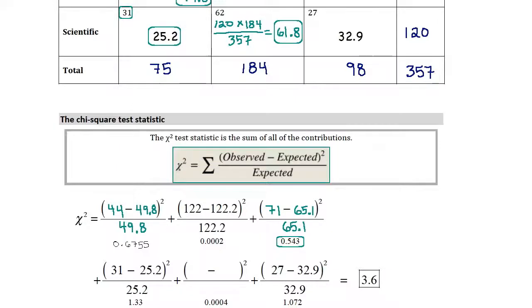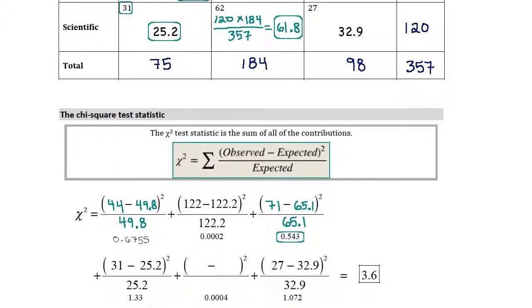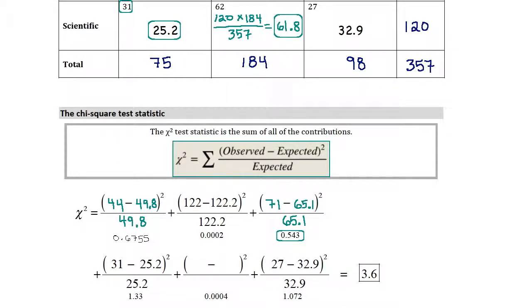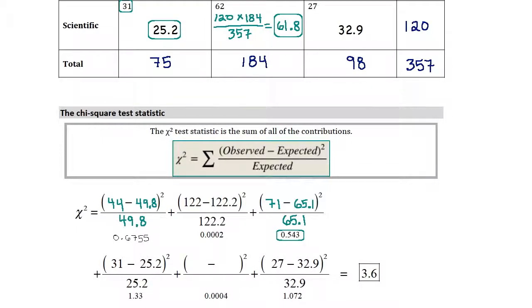Then we can come down to the bottom row and do this last computation for scientific and bachelor degree. Pause the video, try to fill that calculation in, and verify that you get 0.0004. So we would have an observed count of 62 and an expected count of 61.8.